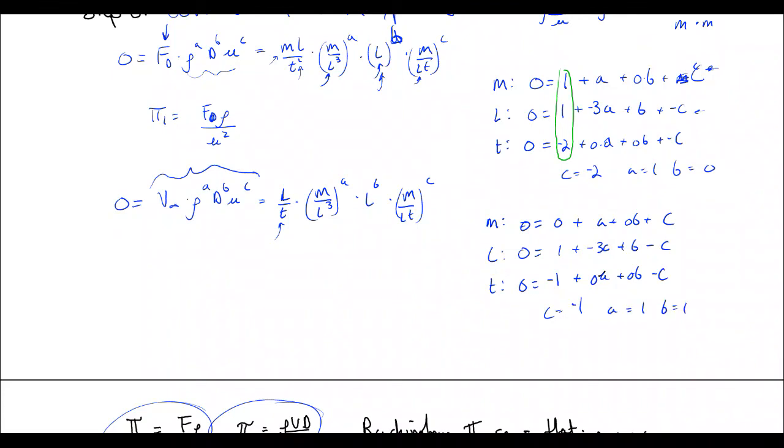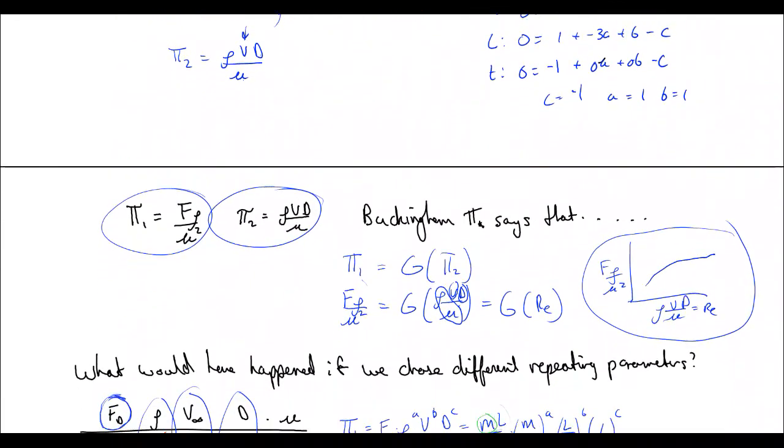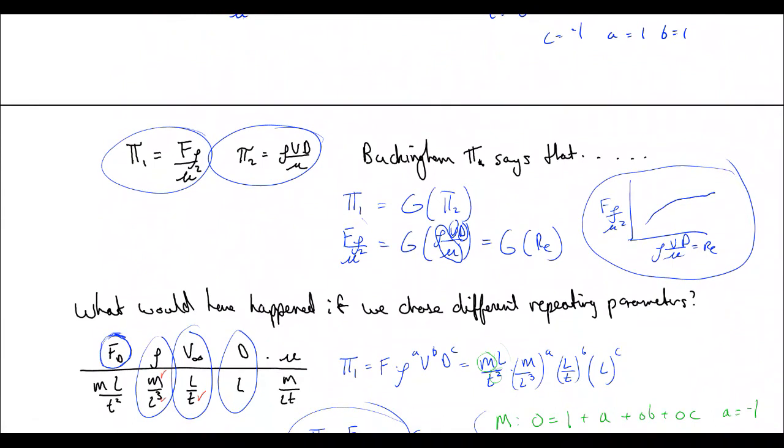And what we end up with is pi 2 is equal to rho v d over mu, where v was our physical variable we were building these around, and rho, d, and mu are our repeating parameters. Great.